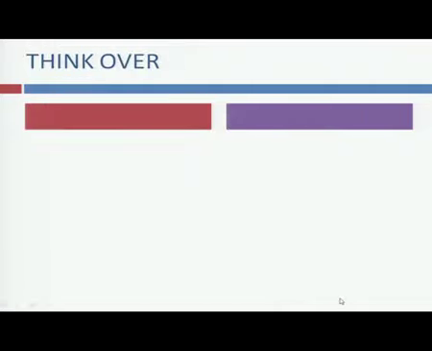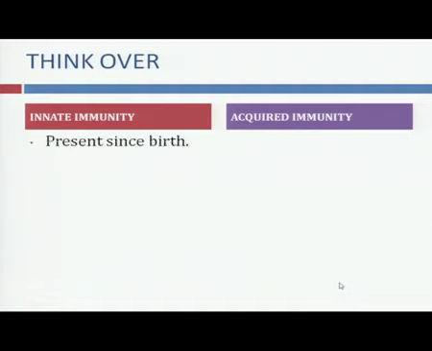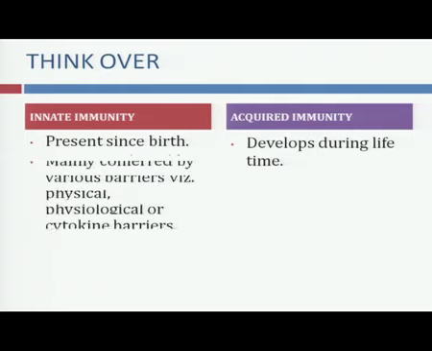Next up the list was differences between innate immunity and acquired immunity. Again, this was a very easy pair, as we know that innate immunity is present in us since our birth, while acquired immunity is the one which develops during our lifetime. The innate immunity is mainly conferred by various barriers like physiological, physical or cytokine barriers.